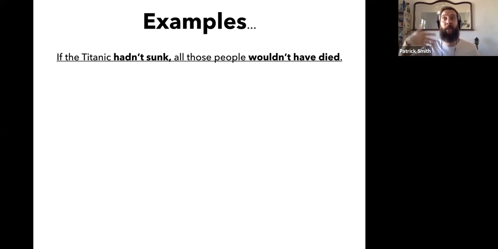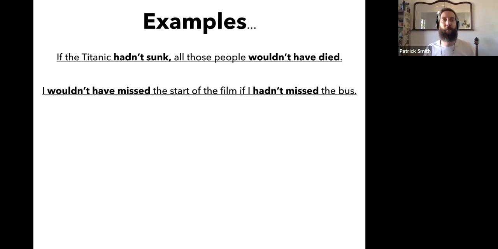If we imagine a situation in which those people didn't die, that's hypothetical. If the Titanic hadn't sunk, all those people wouldn't have died. All in the past: the if clause and the result clause.